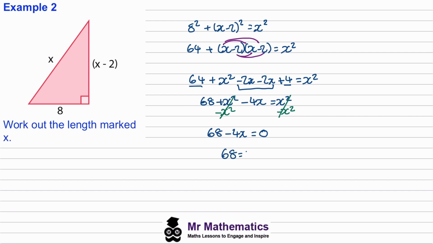So 68 will equal 4x. Then we can divide both sides by the 4. So x will equal 17. Okay? And this will be the length of the hypotenuse, 17, and the vertical height will be 15. Okay? Let's try one more question.